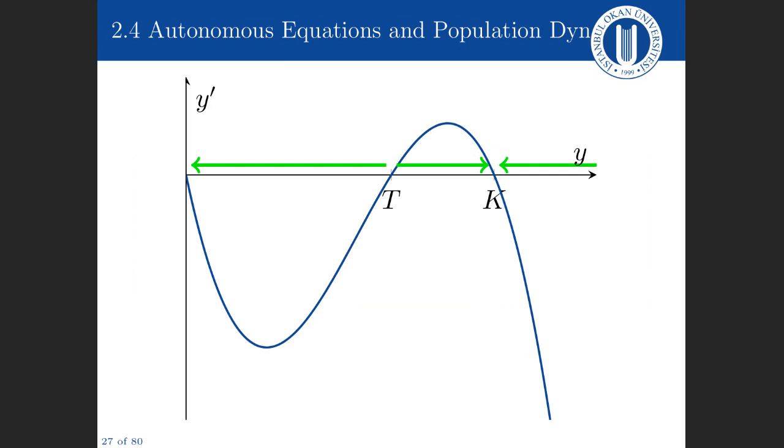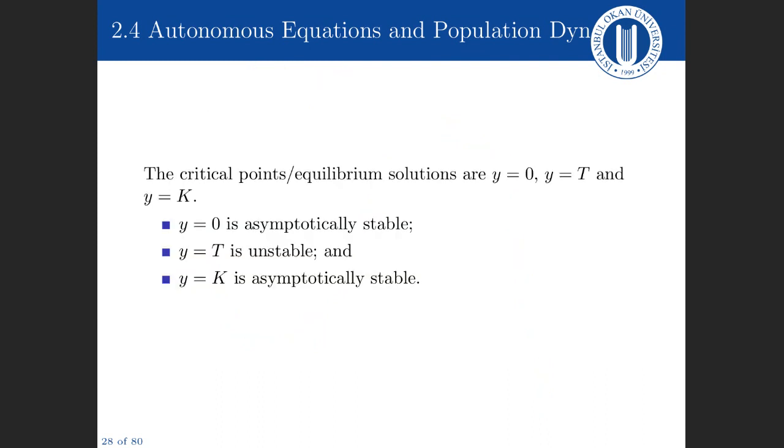If we draw the graph of y prime against y, in other words the graph of f(y) against y, the graph looks like this. Drawing the green arrows, y = 0 is asymptotically stable, y = T is unstable, and y = K is asymptotically stable.